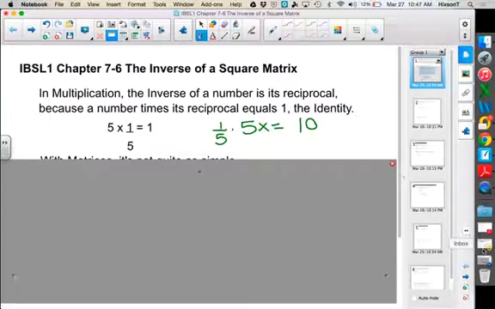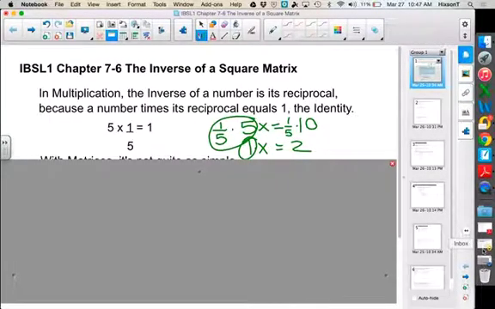We recognize that multiplying by the reciprocal is the same thing as dividing. And of course we would have to do that on both sides. But the whole idea is this: when we did this, we got the identity 1, right?